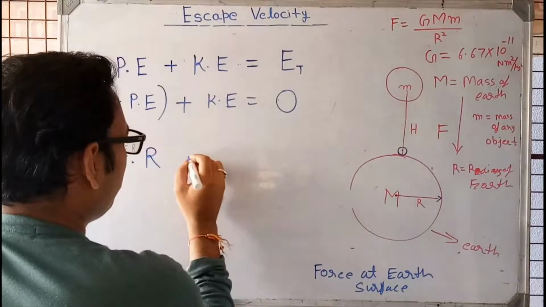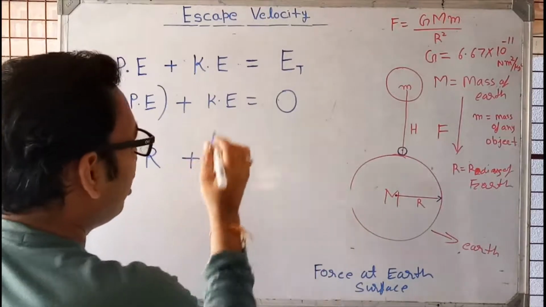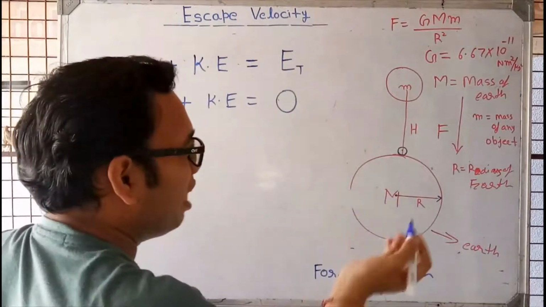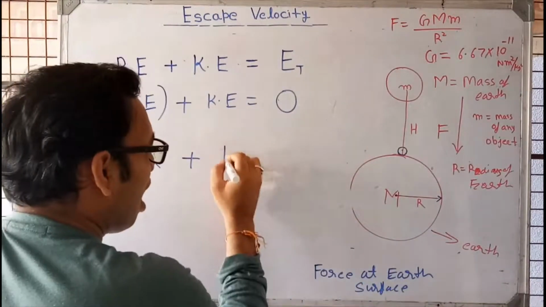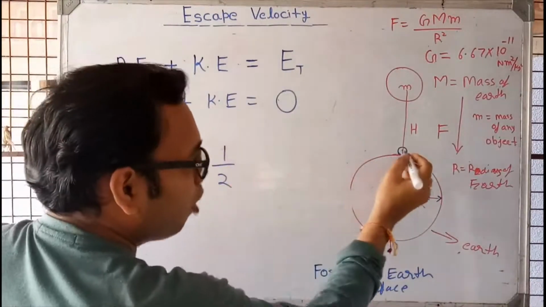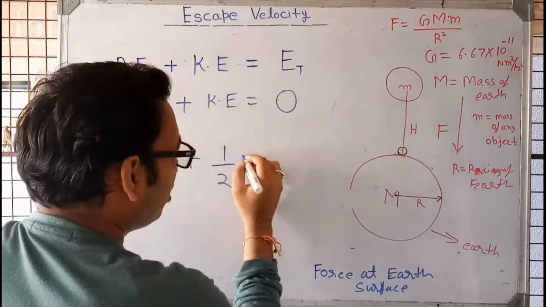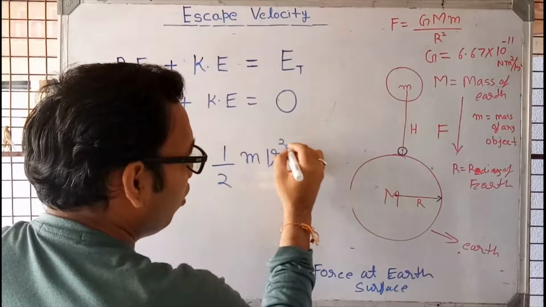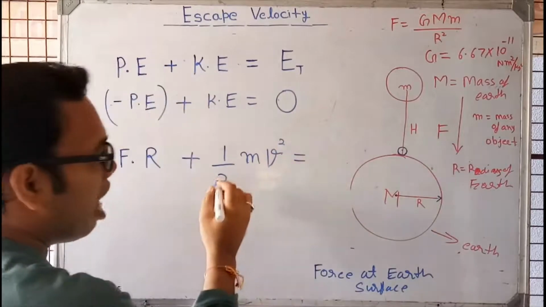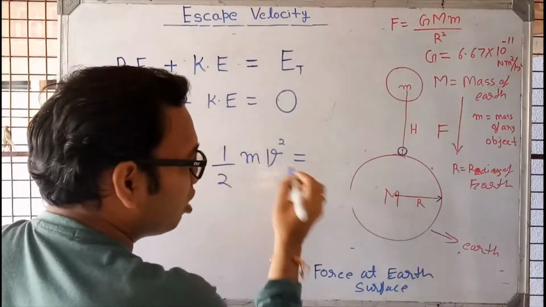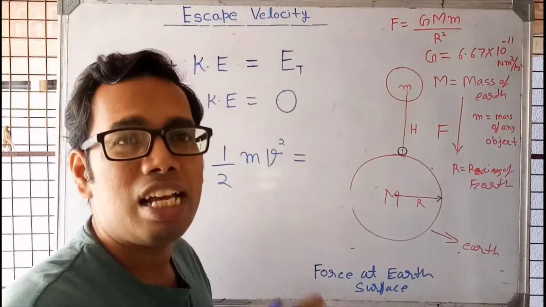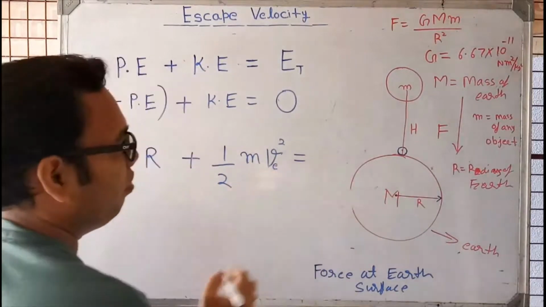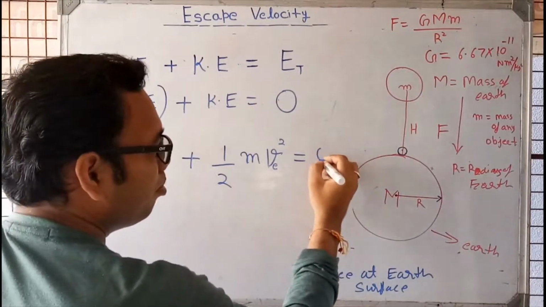Okay, plus kinetic energy. This object is trying to move. So kinetic energy is half the mass of the object, m, into velocity squared: half m v squared. This velocity is called the escape velocity, so I will write it as ve, escape velocity. This becomes 0.